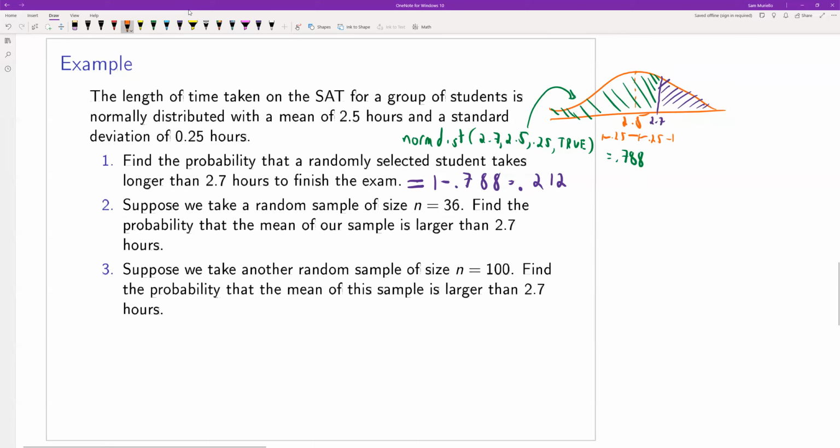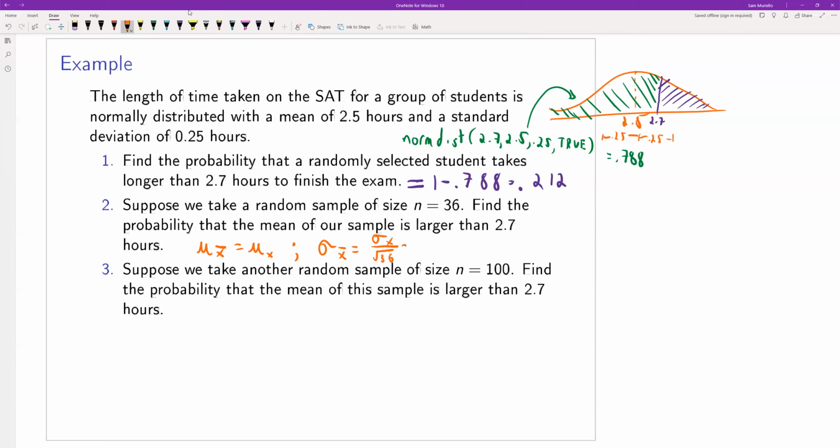Now, we'll be approaching this in a very similar way. The mean of our sample is going to be the same as the original mean. The standard deviation of our sample is going to be the original standard deviation divided by the square root of the n, which is 36.